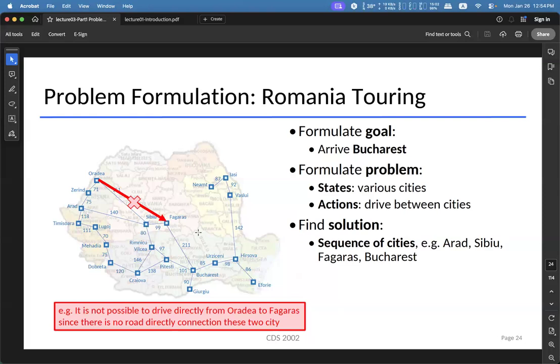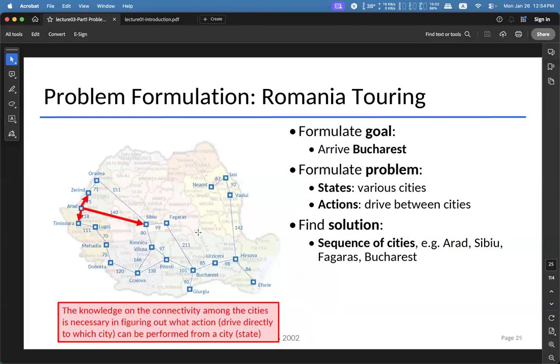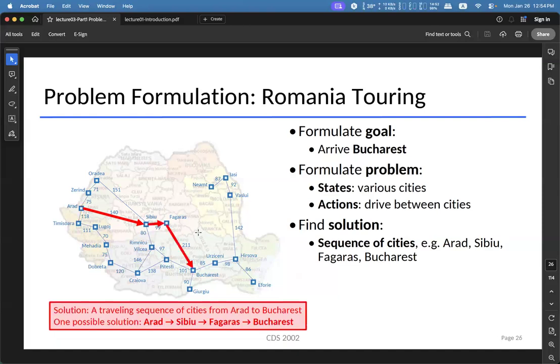Essentially, we figure out this network by knowing which city is connected to which city through highways or road networks, and we convert the connection information into a chart like this. The one shown here is a potential solution.